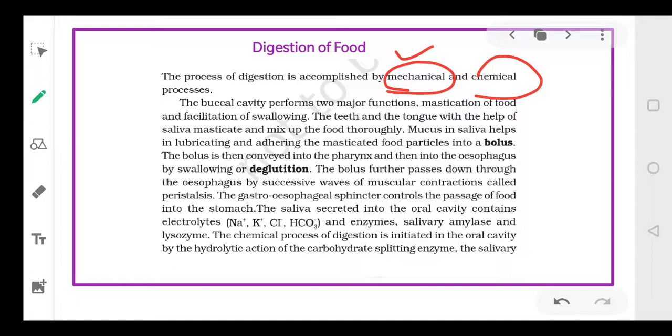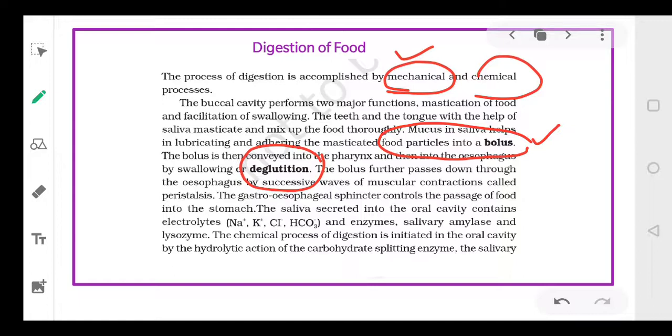Your food will then reach the esophagus, and these small particles which move from the mouth into the esophagus are called bolus. Then this bolus passes to the pharynx. Swallowing is also called deglutition.